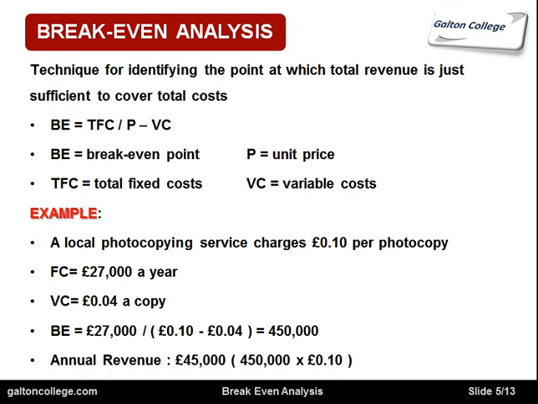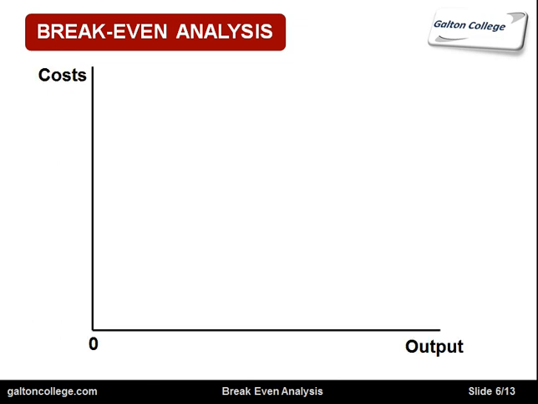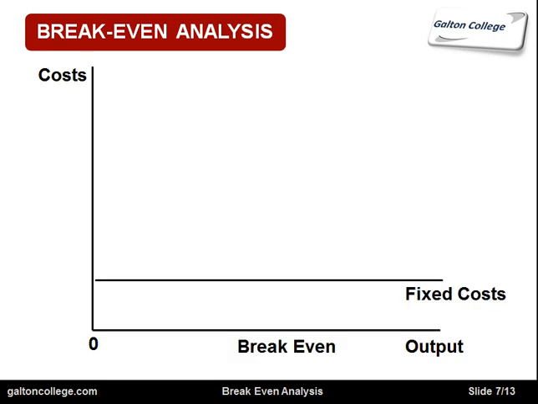We can represent this diagrammatically as well, just to see what it looks like as a diagram. Let's say we've got costs and output. So on the vertical axis we've got costs. Now if we draw in the fixed costs, say our £27,000, well, it doesn't vary with the level of output. So it doesn't matter if you sell one photocopy or 450,000, it's still fixed cost.